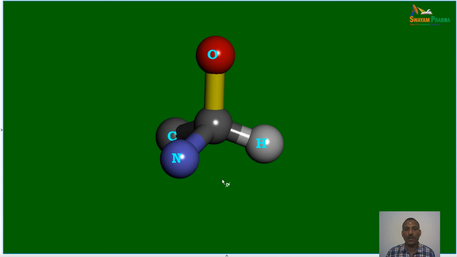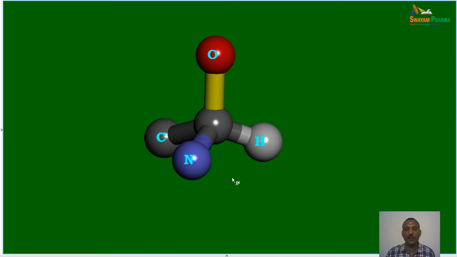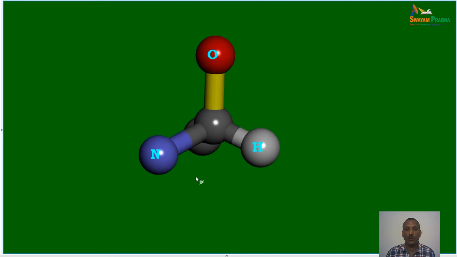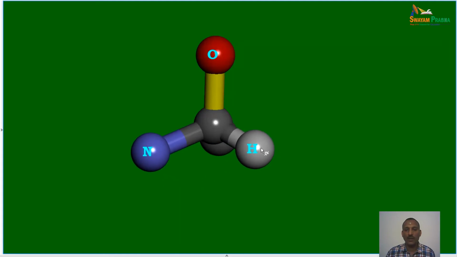So here once again I rotate for your convenience. Otherwise what you can also do is, this hydrogen is pointing towards the observer. This nitrogen is also pointing towards the observer. This carbon is behind the plane, and oxygen and carbon are in the plane of the paper.